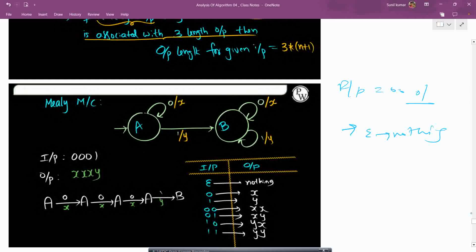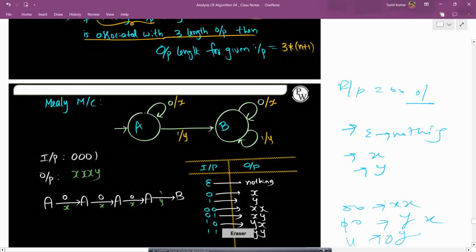For 0 it would be x only, for 1 it would be y, for 0 1 x and y, for 0 1 0 0 double x, and for 0 1 0 it would be y and x, and for 1 1 it would be y. This is how it works.